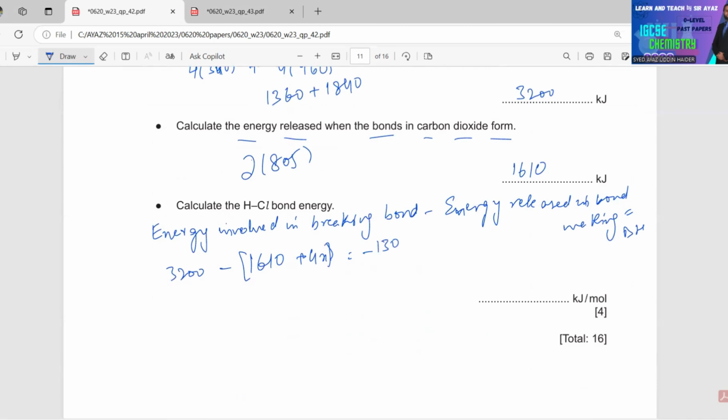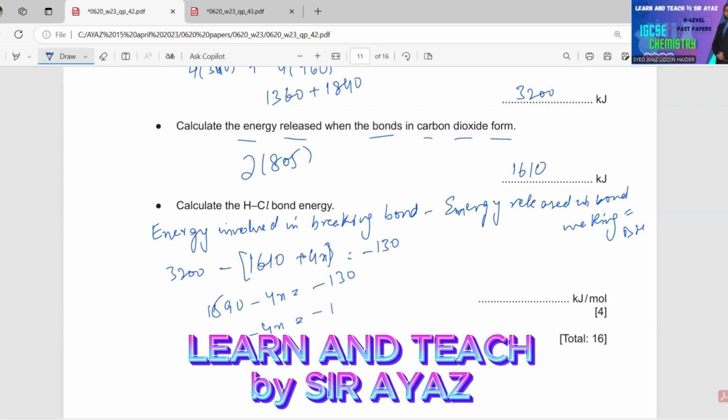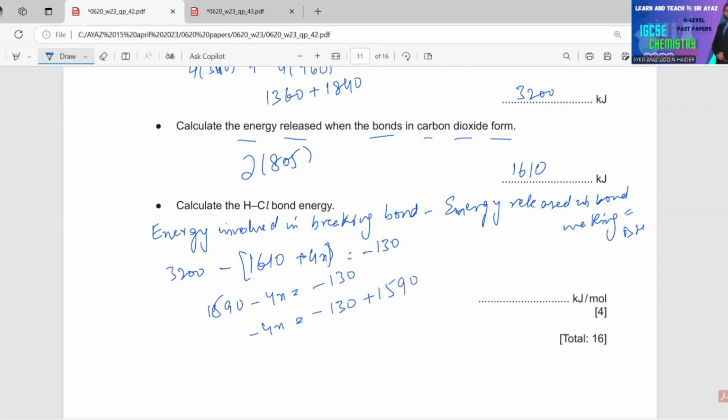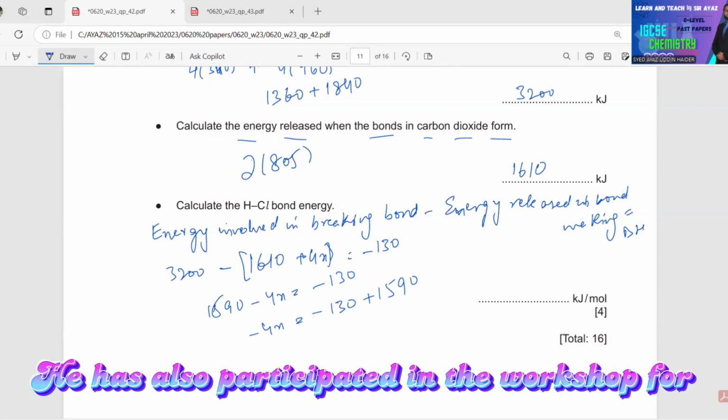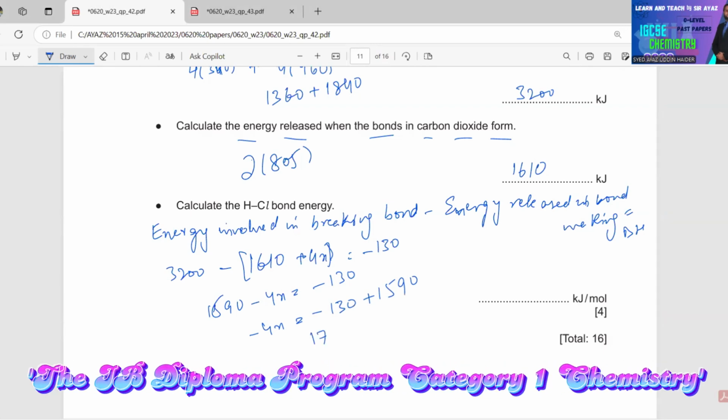So the equation becomes 3200 minus 1610, which is 1590, minus 4x is equal to minus 130, so minus 4x is equal to minus 130 minus 1590, which is minus 1720.